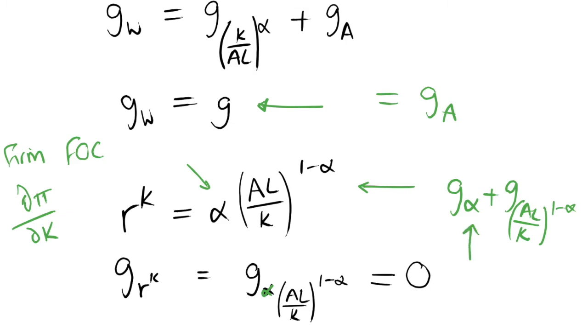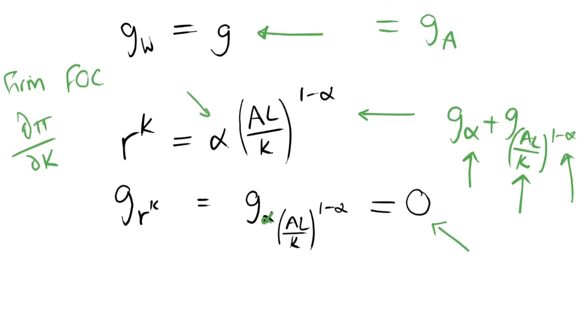What we're going to notice is that this is constant, and this AL over K is constant, as we said before. It's not necessarily constant at all times, it's worth noting, but on a balanced growth path, we have to assume that AL over K is constant for the reasons I mentioned at the start of this video. So the growth rate of the rate of return of capital is 0.